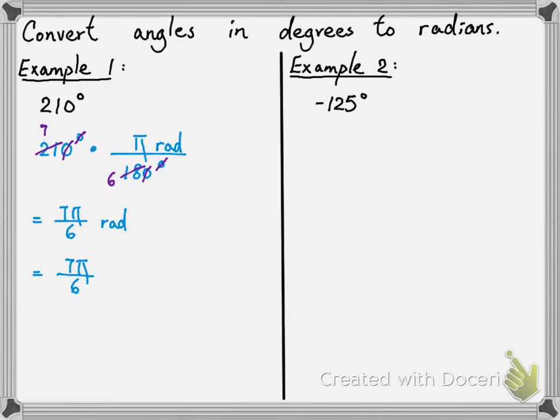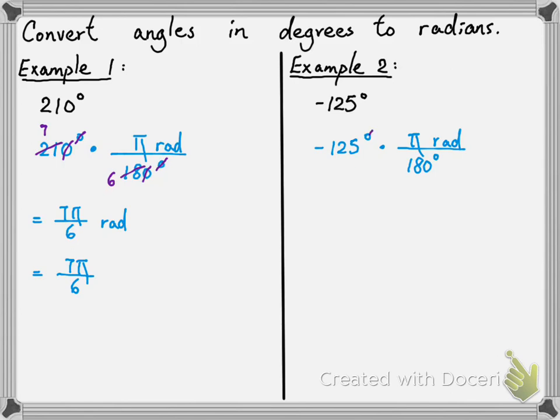In the next example, we would like to convert negative 125 degrees to radians. Please feel free to pause the video so that you can give it a try. Now we have negative 125 degrees times pi radians over 180 degrees.